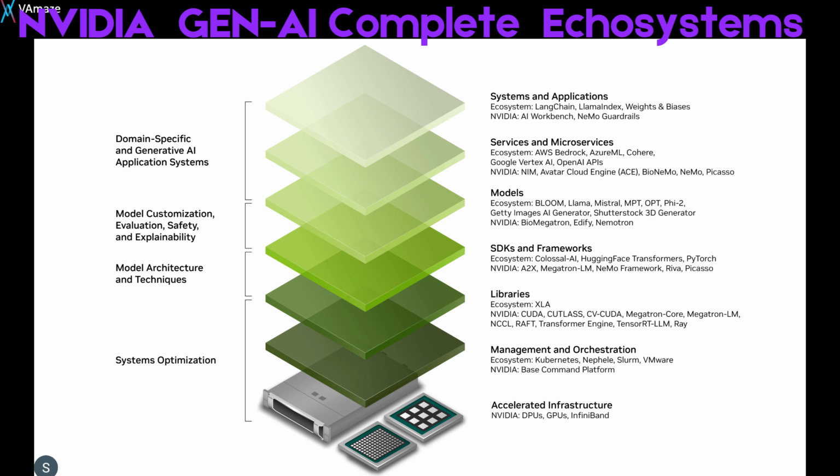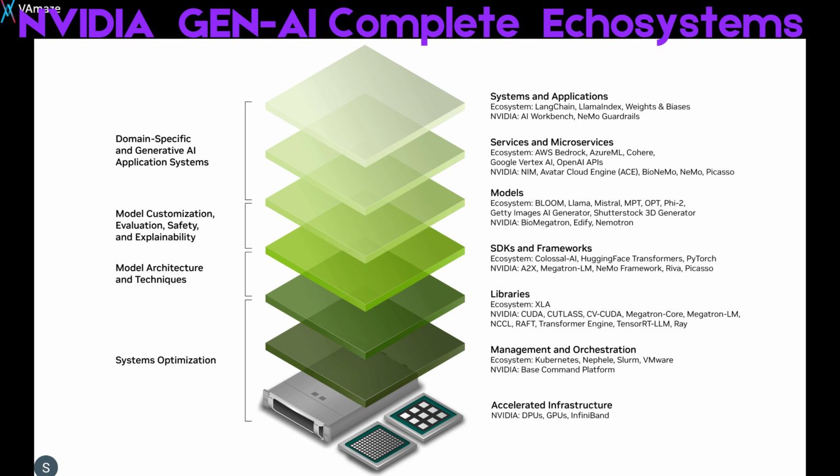On the model side, we have model customization, evaluation, safety, and explainability, with a rich set of ecosystem models like Bloom, Llama, Mistral, MPT, Pi2, Getty Images AI generator, Shutterstock 3D generator, and NVIDIA's BioMegatron, Edify, and Nemotron.